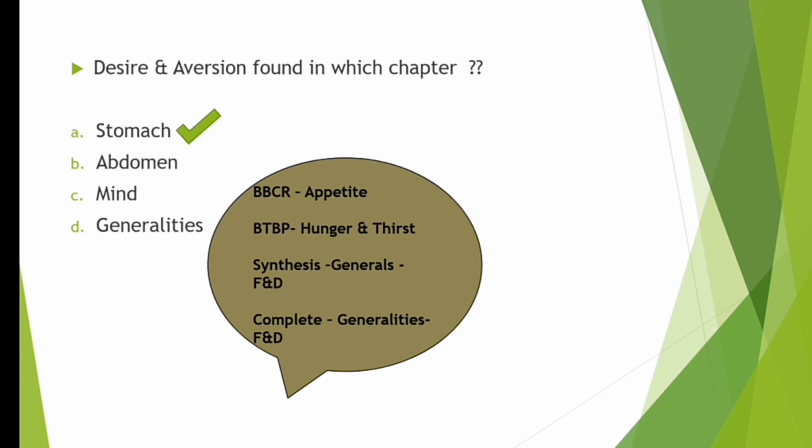In that we can see a lot of food items. In every food we can see 4 sub rubrics: aggravation, amelioration, aversion, desire like that. Similarly, the Complete Repertory also has it in generalities under food and drinks, then the particular food, then 4 sub rubrics: aggravation, amelioration, aversion, desire like that.